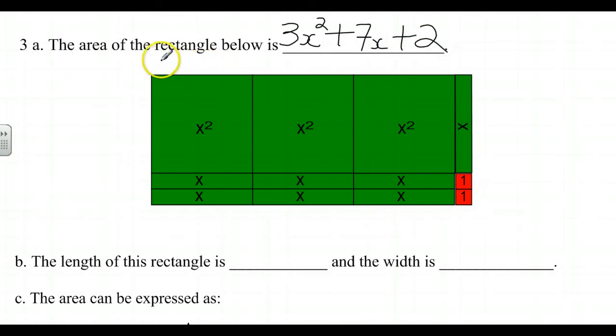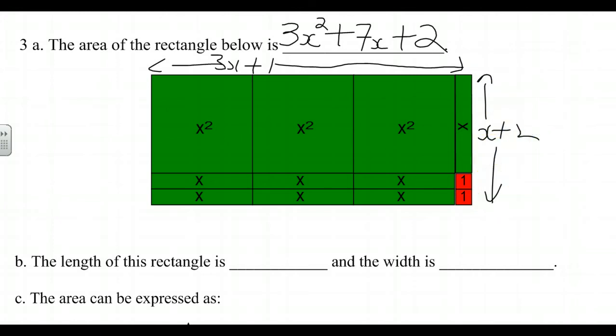The length of the rectangle, well, x, 2x, 3x, plus 1. So 3x plus 1. And this width is x plus 1 plus 1, which is x plus 2.